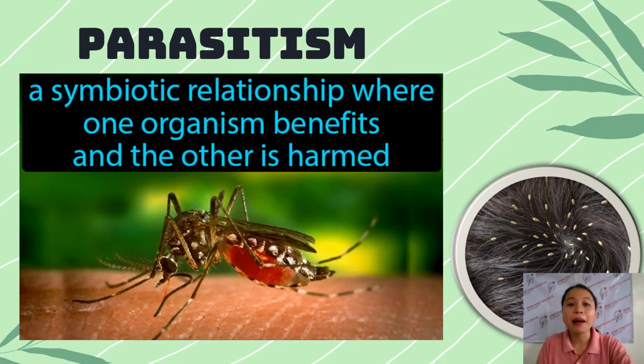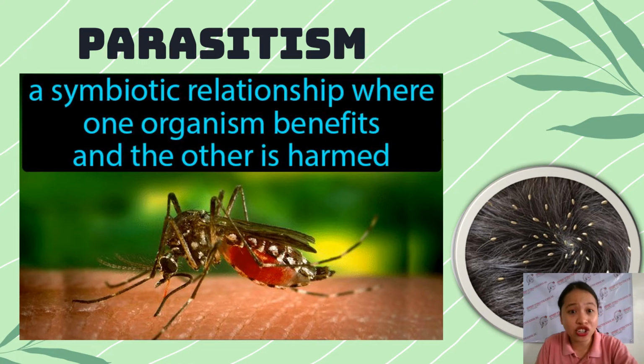Next, we have parasitism. Okay, this is very common. It is where one organism benefits and the other is harmed. One of the examples there is the lice, or kuto, in our head. In this case, the lice benefits from the human's head because of the warmth and its need to feed off our blood.